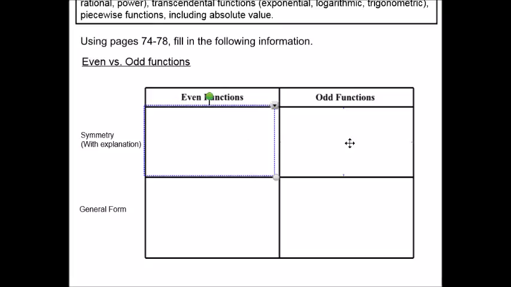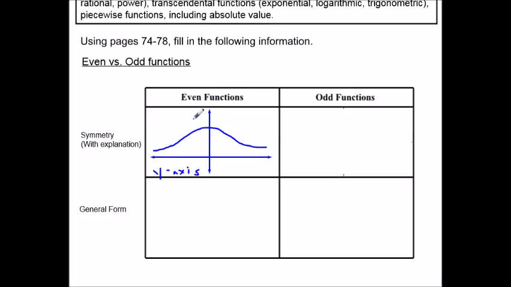So even functions have symmetry that is considered to be about the y-axis. This means that if I were to pick a point on this side of the y-axis and flip it over the y-axis, it's going to have a matching point directly across from it with a similar value.